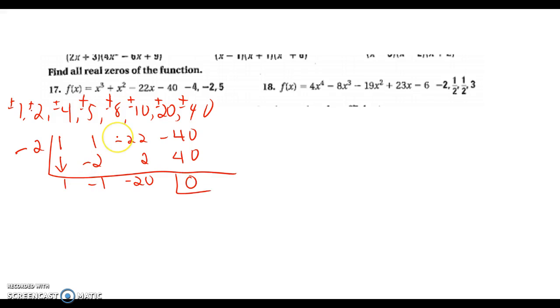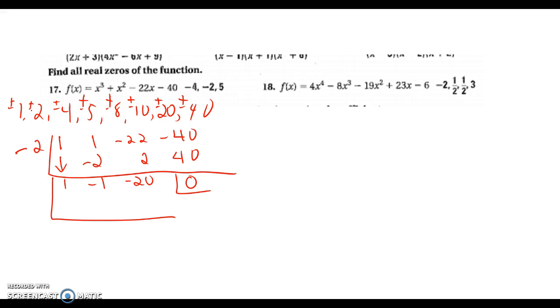I'm left with x squared minus x minus 20. Now, because I'm looking at the graph and I see that there are 3 x-intercepts, I basically know my answers are all real. I should be able to factor this if I want, but let's try synthetic division one more time. Let's see what we get.